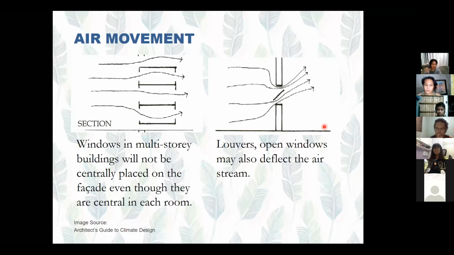But the best is that it directs the stream of air downward. Later you can conceptualize how to deflect the air with this air here, and so on. Okay?